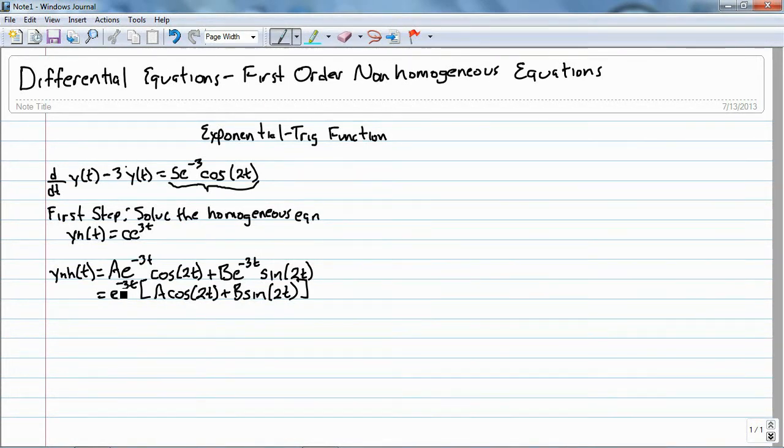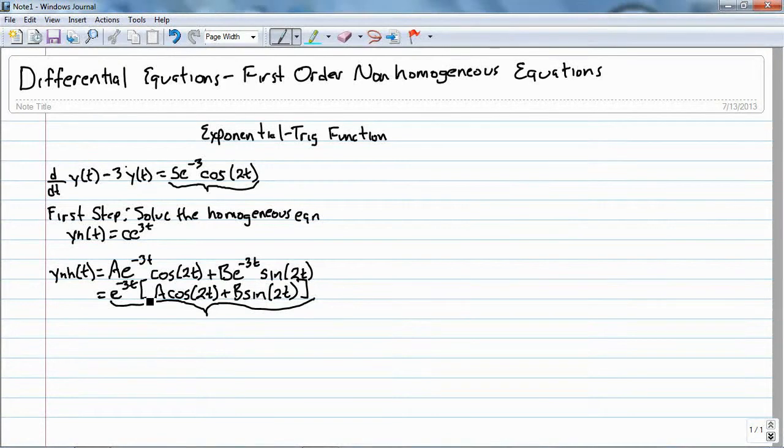Now, because I want to develop this test solution through the derivative, you're going to need to use the product rule and the chain rule, and this can get kind of messy. So you've got to be careful how you do it.